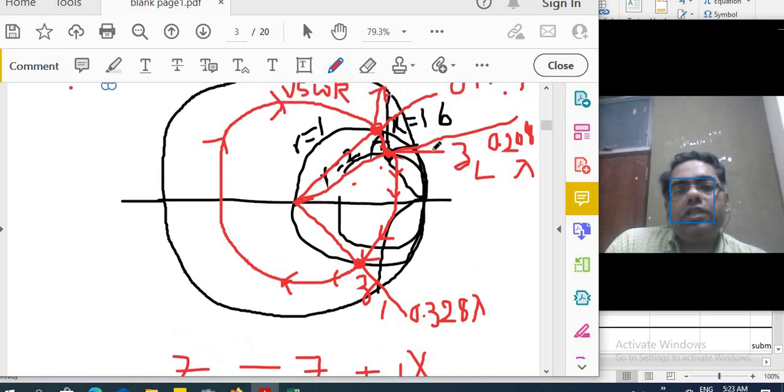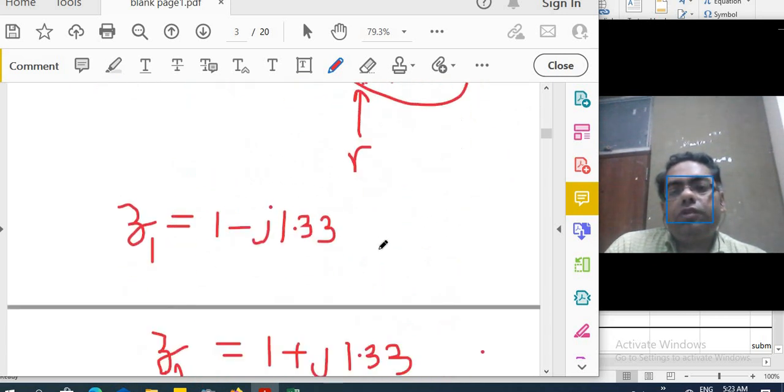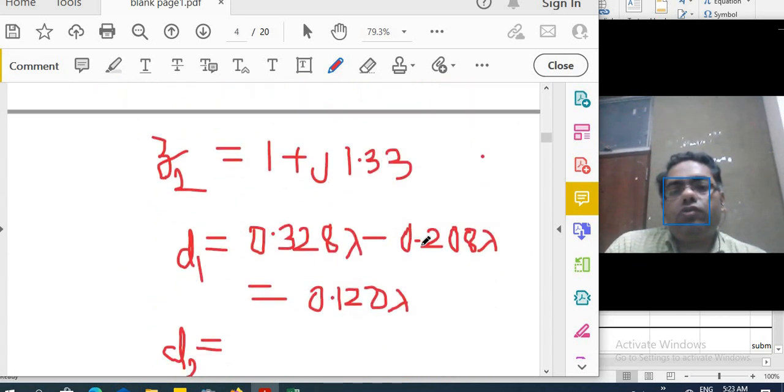So what is the distance that is traveled? You have to subtract 0.208 from 0.328, and you get 0.120. This is one distance, d1, that we got.